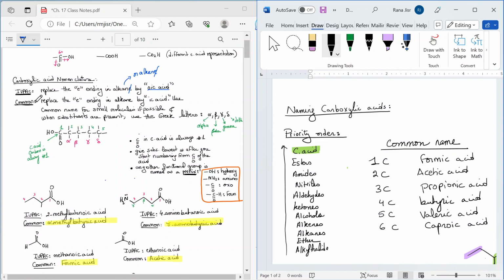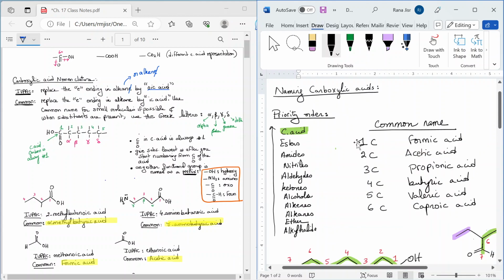Common name is used to name short carboxylic acid chains. And to name carboxylic acids in common, you are going to drop the E in the alkane and you're going to replace it by an ic acid. You are responsible to name up to 6 carbons in common name.